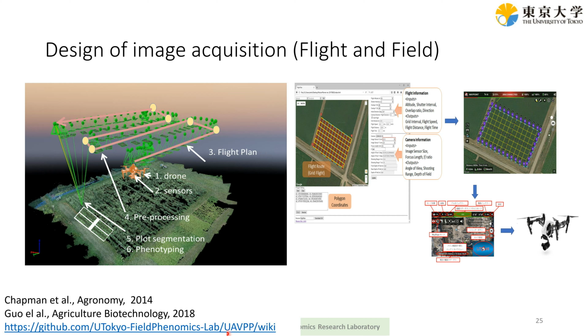But if you want, you can visit this GitHub page, where we give a wiki page for this whole bunch of processes that can help you to start from selecting the drones and the sensors to do some basic phenotyping by yourself.